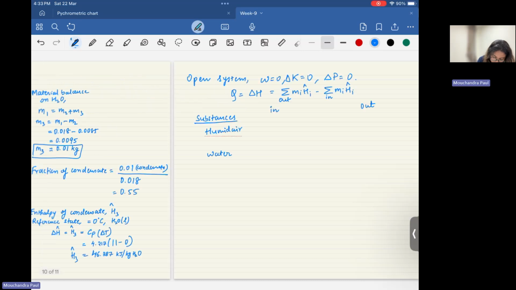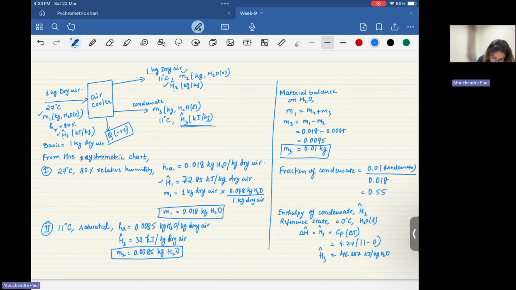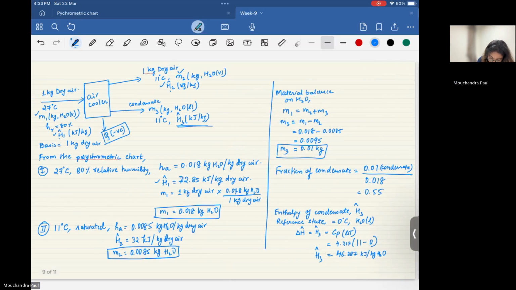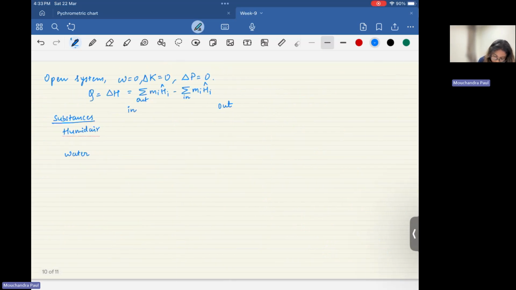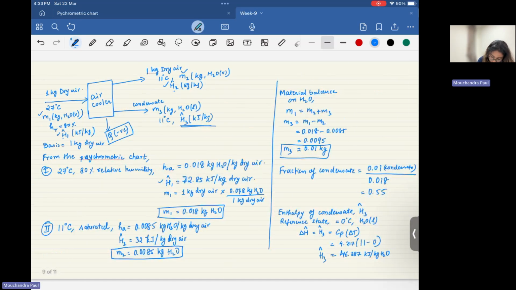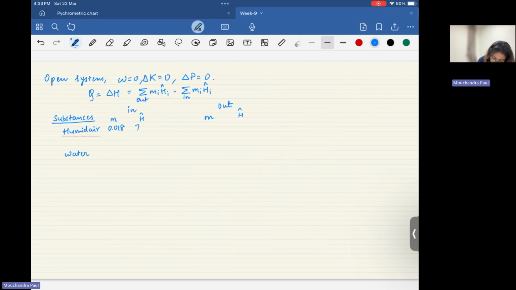When you see the flow chart, humid air is coming in at the mass of M1, and M1 is 0.018, the mass of the water that is coming in, at the enthalpy 72.85.